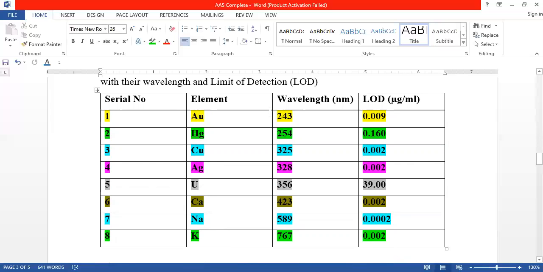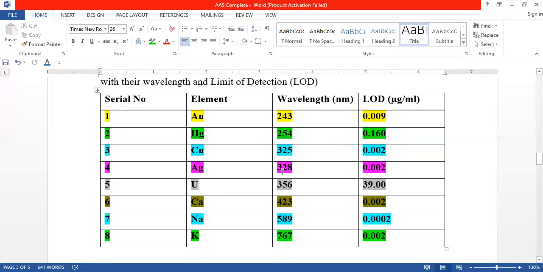Gold: wavelength 243 nanometer, limit of detection 0.09 microgram per ml. Mercury: wavelength 254 nanometer, limit of detection 0.160. Copper: wavelength 325, limit of detection 0.002 microgram per ml.